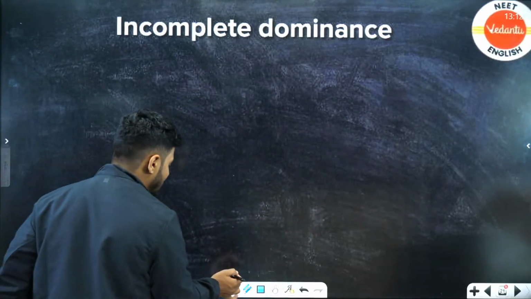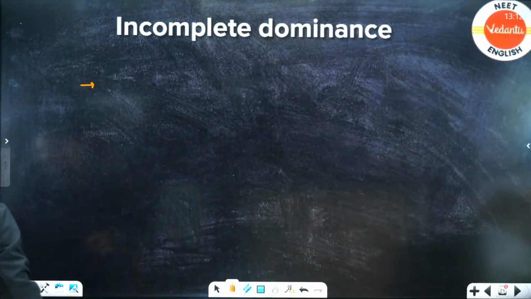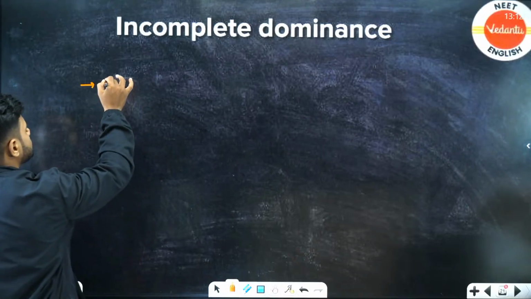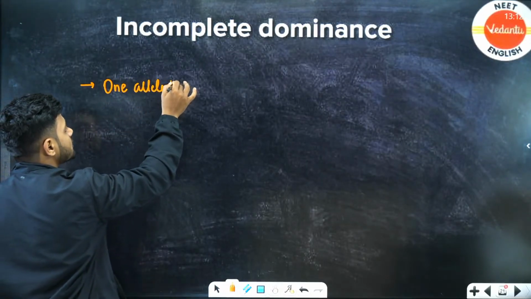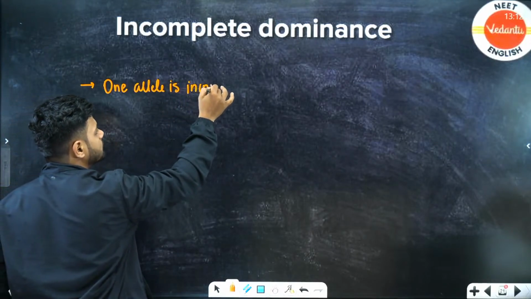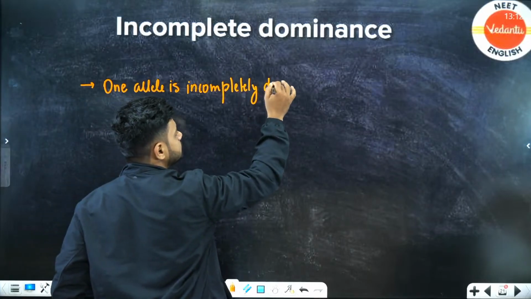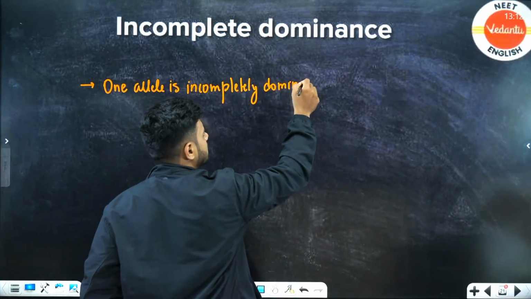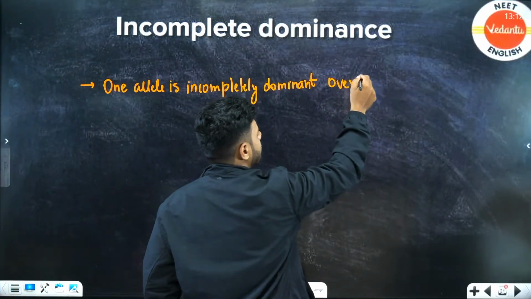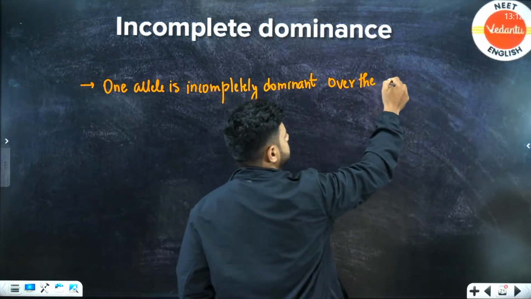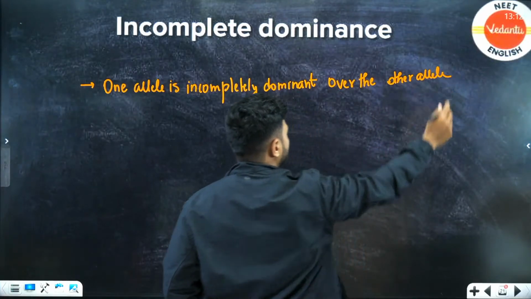One allele is incompletely dominant over the other allele.